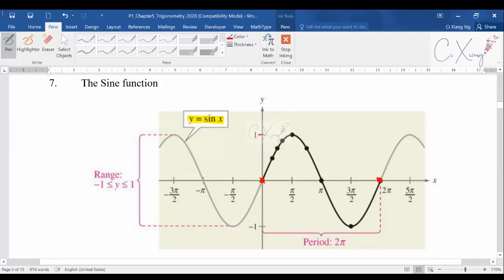If you look at it carefully, if they're asking for the range for sine and cos, this is how we look at it. You'll see that your graph goes up and down between the values -1 and +1.